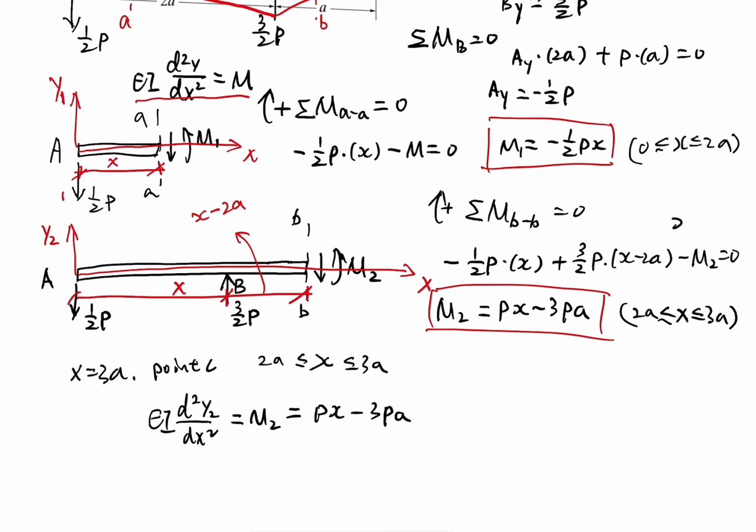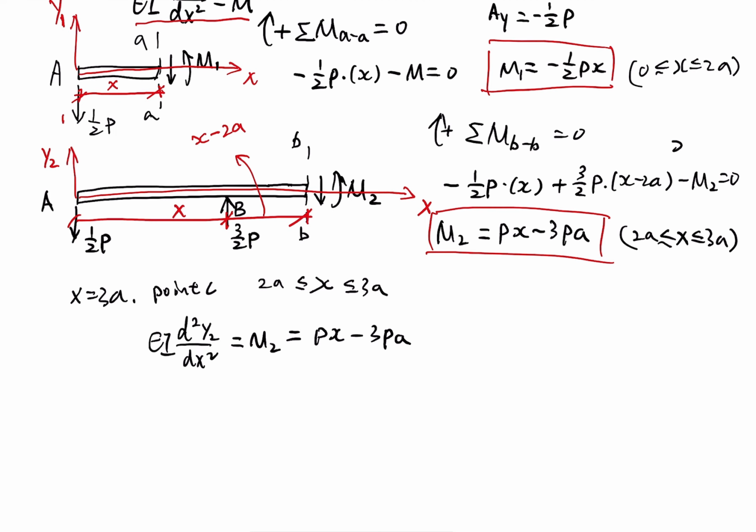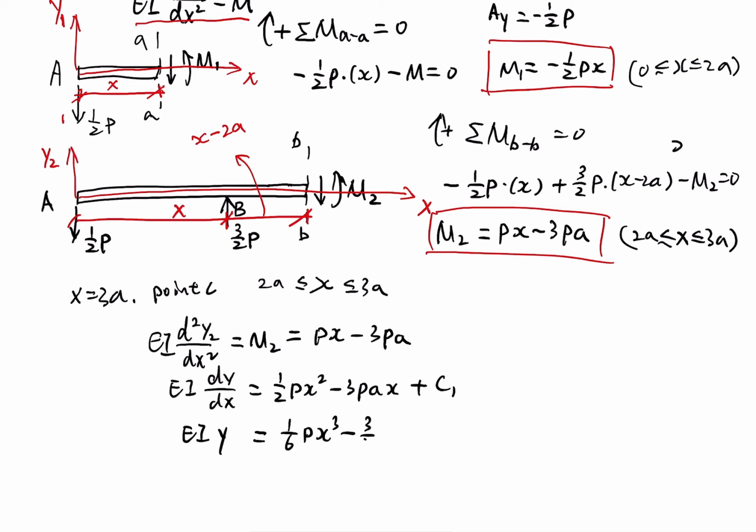First integration on both sides: EI dy2/dx equals 1/2 Px² minus 3Pax plus a constant C1. Second integration: EI y2 equals 1/6 Px³ minus 3/2 Pa x² plus C1 x plus C2. So we have two unknown constants, C1 and C2.